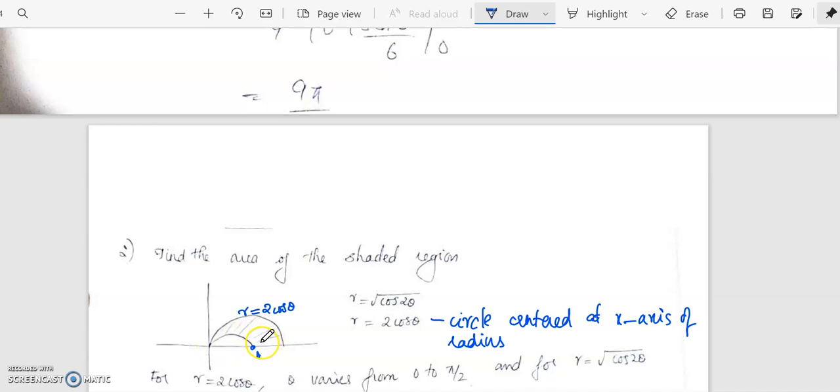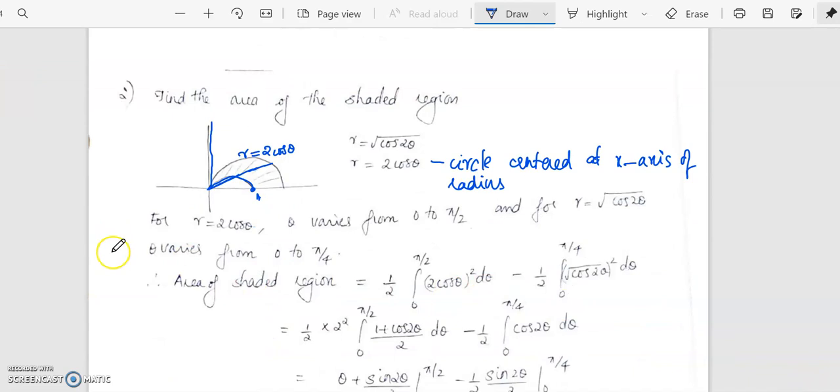That is, from 0 to pi by 4, r equal to root cos 2 theta is traced in this region. Okay, so this curve reaches here at angle pi by 2, and the second curve reaches here at the angle pi by 4. Okay, now so therefore, we will get this.